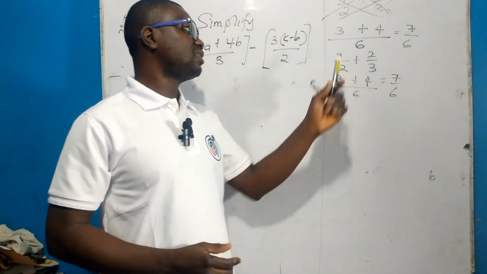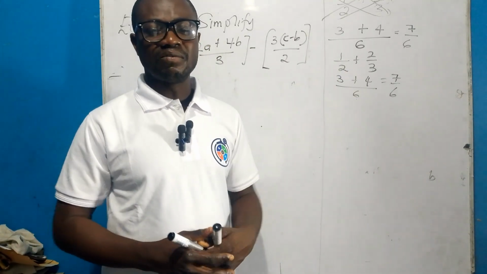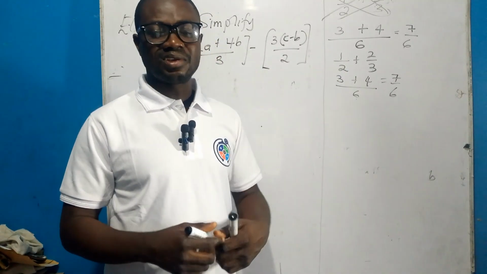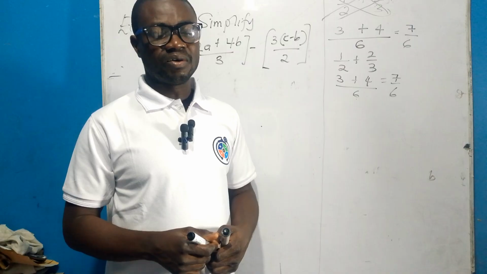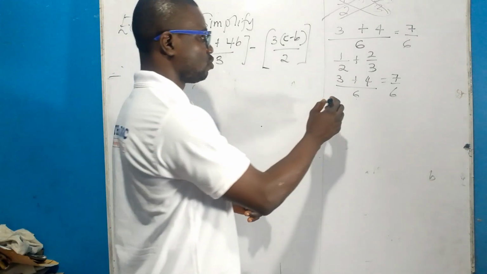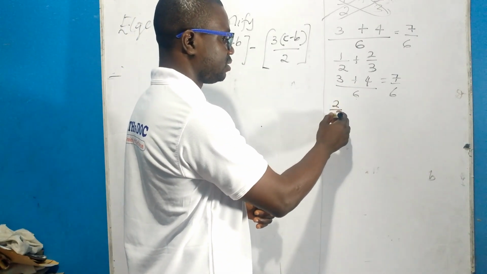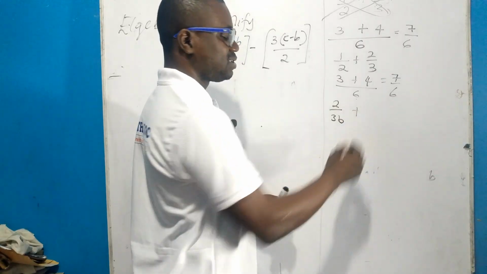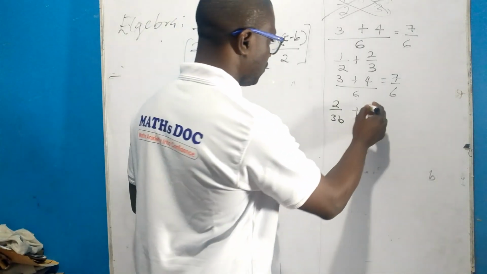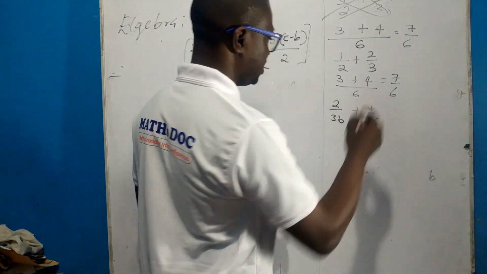After helping the child, progress to another level where you introduce letters or variables in the expression. So let's look at this one: 2 over 3b plus, let's say, 4 over 2c.